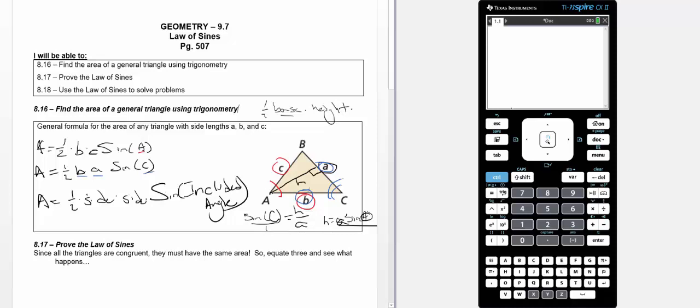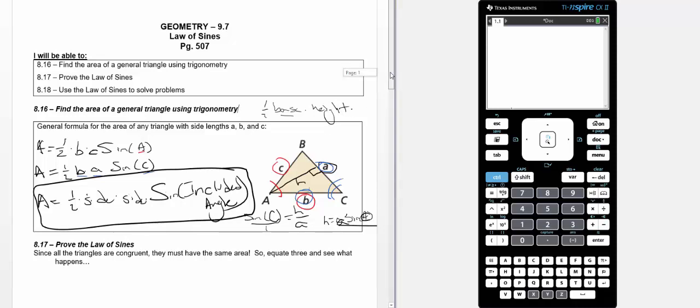And by included, I mean the angle that's in between any two sides you choose. So to find the area of a triangle, you don't need to find an altitude. You don't need to draw in any perpendicular lines. You don't need any of that stuff. All you need to do is know two sides of your triangle and the angle that's included in between those two. And if you can do that, then you'll know the area of your triangle.